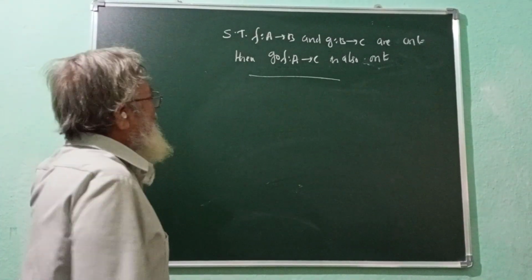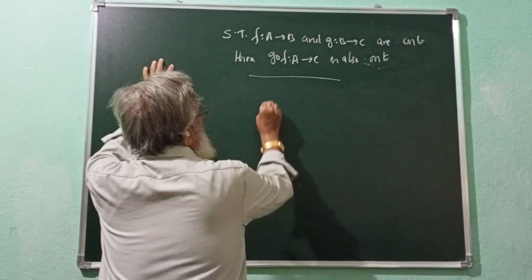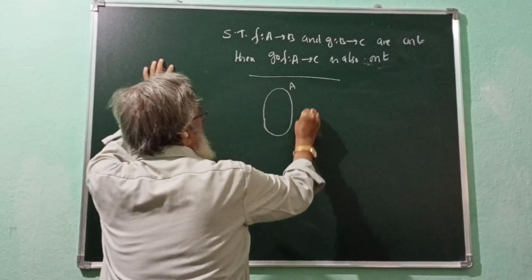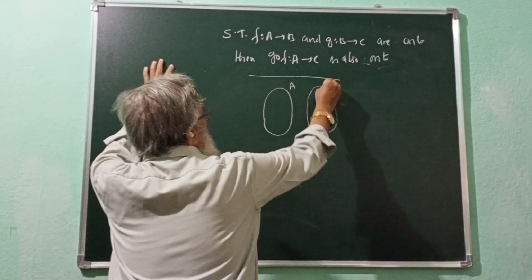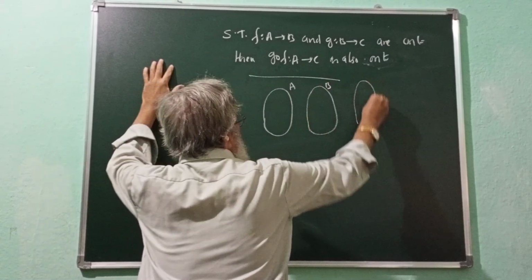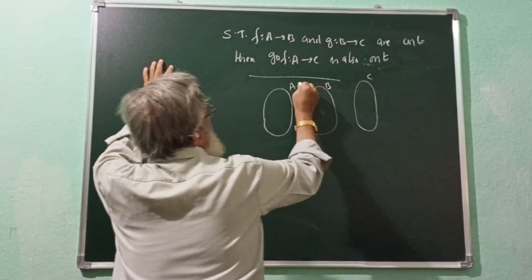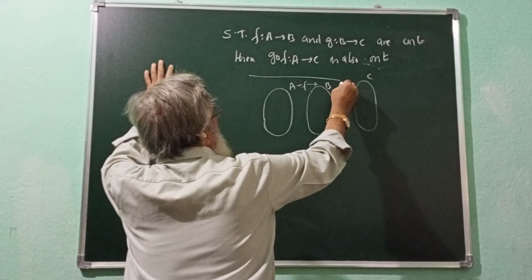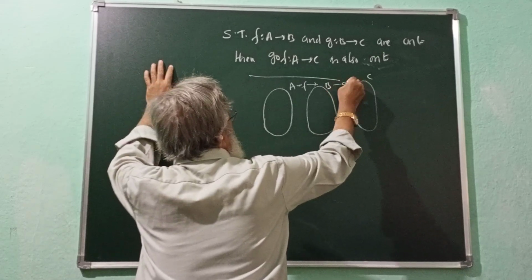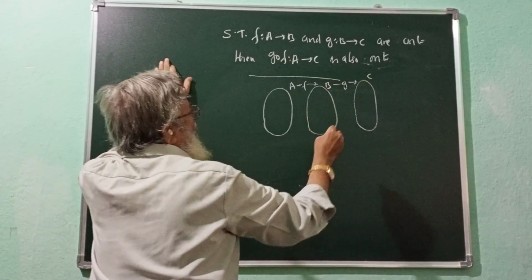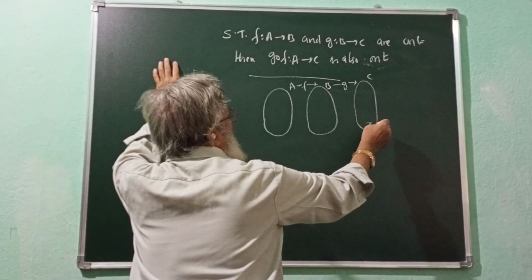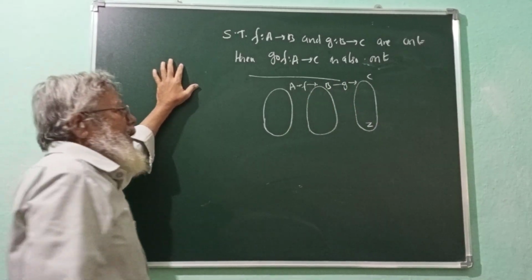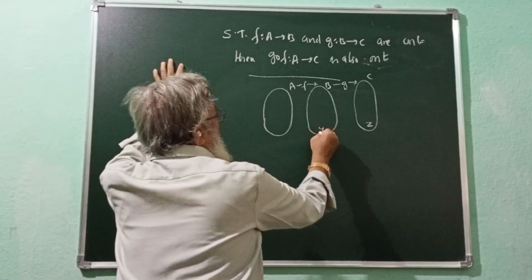Now let us draw this here. Suppose this is the set A, this is the set B, this is the set C. The function between A and B is f. The function between B and C is g. Now suppose z is an arbitrary element which belongs to C, and here it is y and here x.